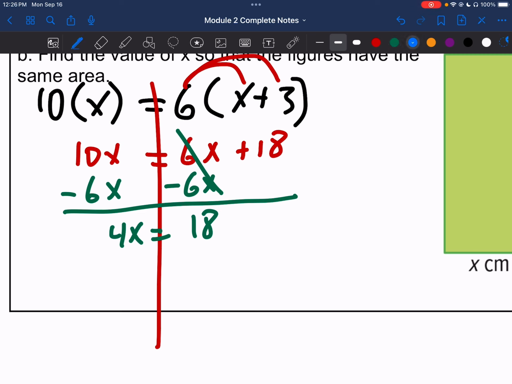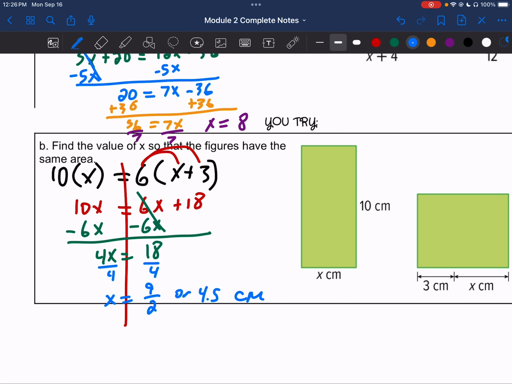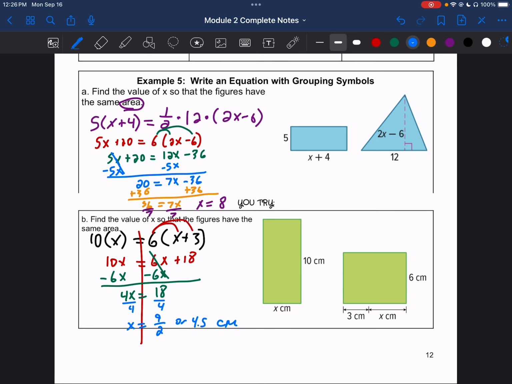So our final step is to divide by 4. We get that x is equal to 9 over 2, or 4.5 centimeters, because we were asked what is the value of x. And so if it's 4.5 centimeters, our given unit, that will give us an area that is the same.